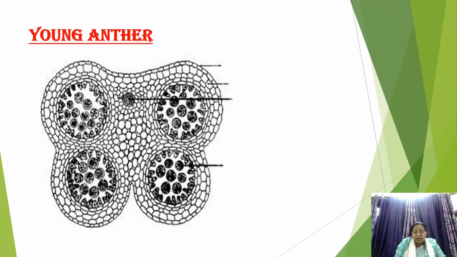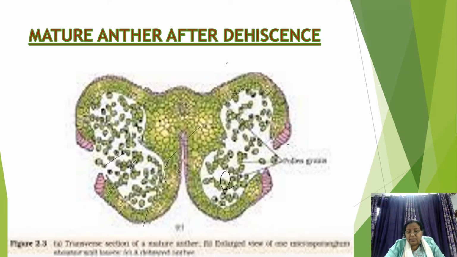So here I've shown you a black and white diagram, since you have to draw it in the exam. Here you can see the outermost layer is epidermis, then there is endothecium, middle layers, and then there is a connective tissue connecting both the lobes of the anther. So this diagram is for your drawing purpose. This is the mature anther.